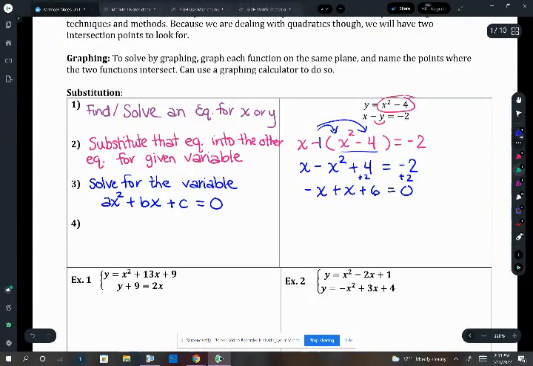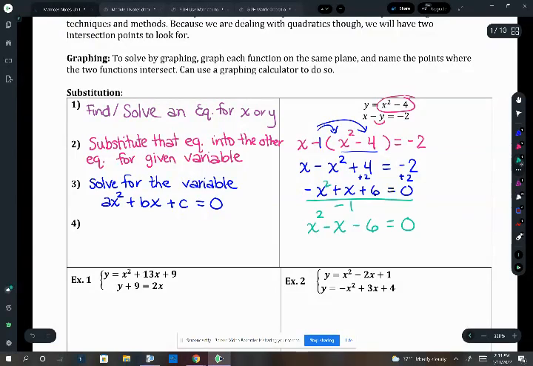Remember that we don't like the x squared being negative, so we're going to divide everything by negative 1. If we divide both sides by negative 1, we end up with x squared minus x minus 6 equals 0.